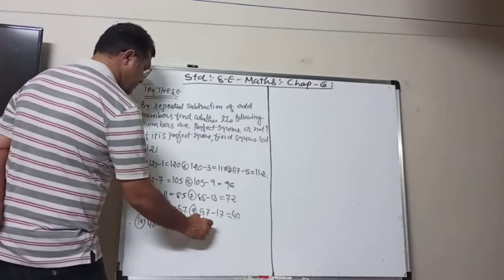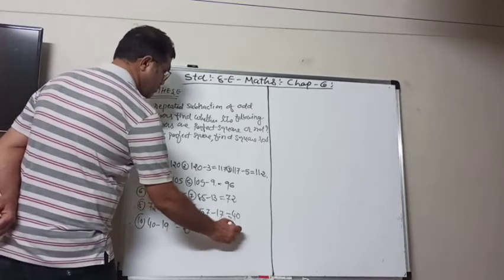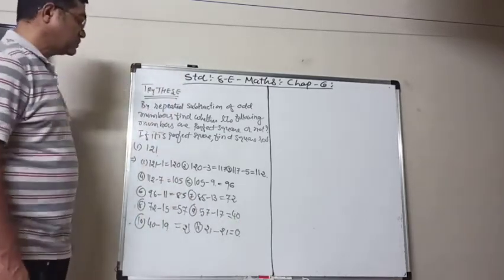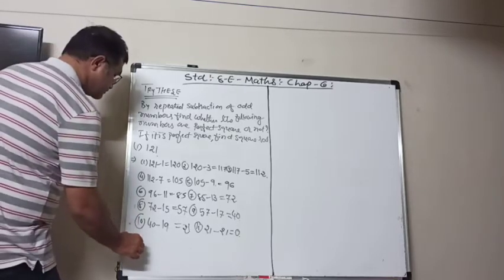And then 21 minus, now after 19 comes 21. So lastly we get 0.